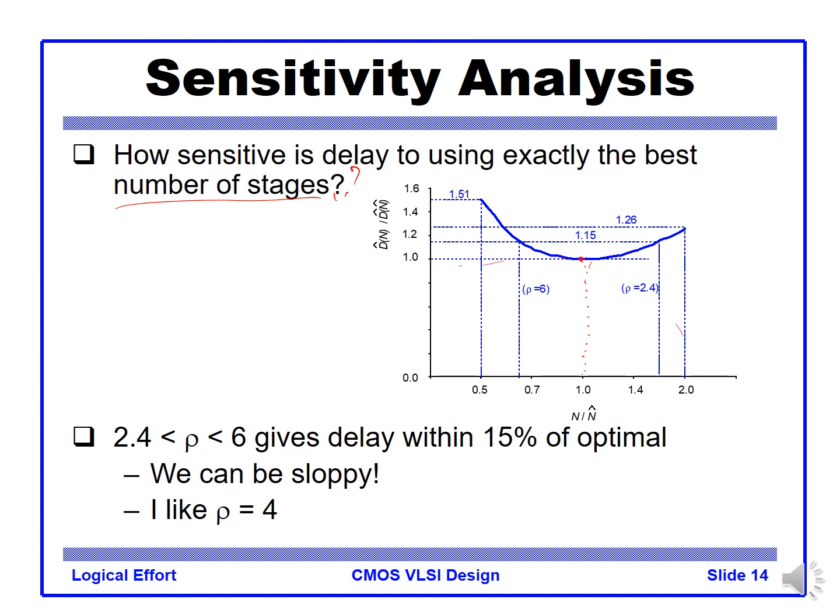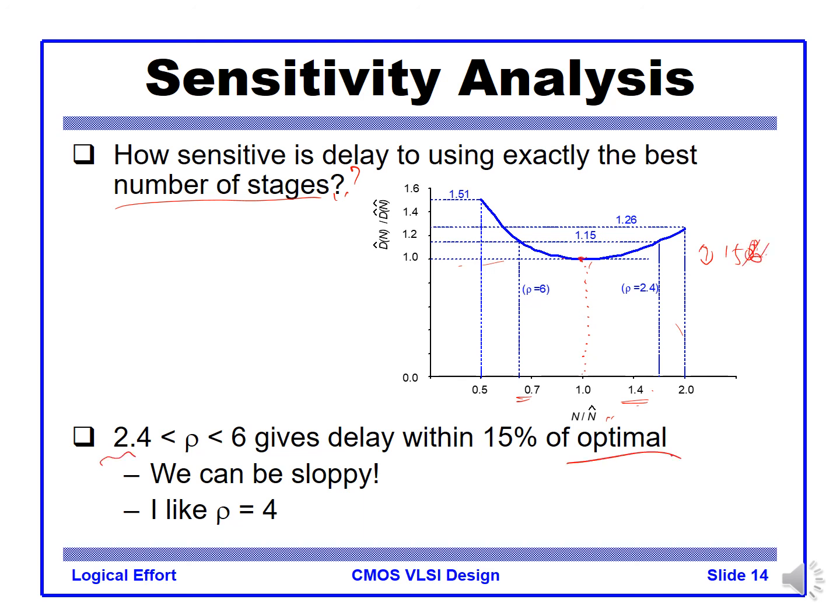If we are off by like 1.4 or 0.7, 40% or 30% different stages, then we get just under 10%, about 15% variation from the optimum delay.